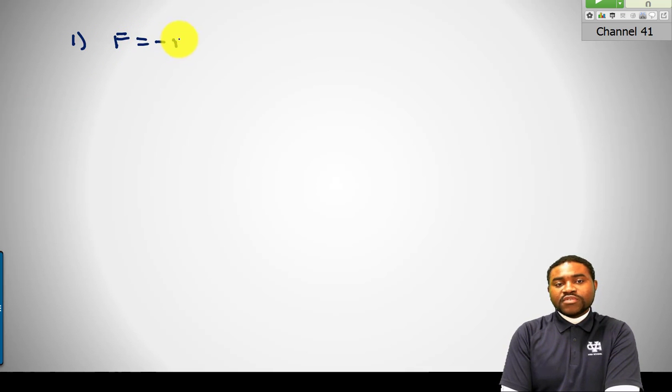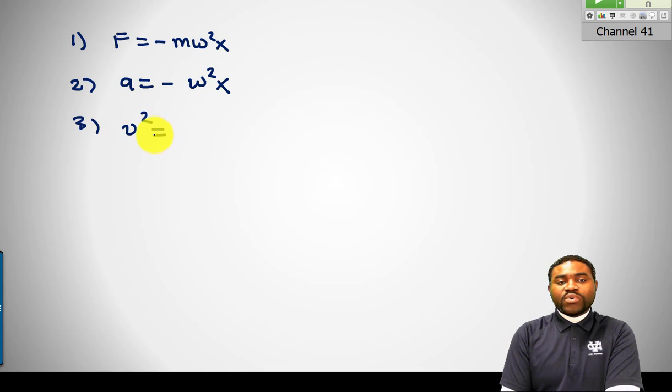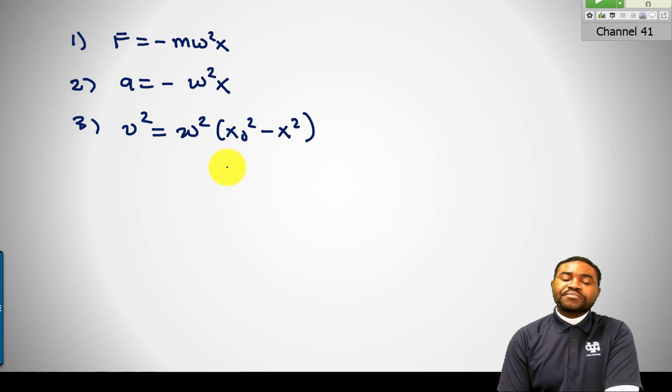Now, keep in mind that one, F is equal to negative m omega squared x. Two, a is equal to negative omega squared x. Three, v squared is equal to omega squared x naught squared minus x squared.